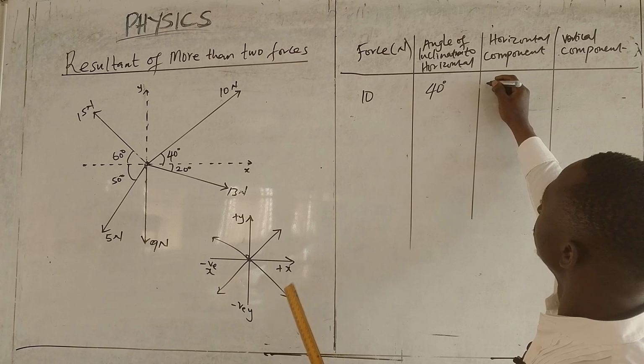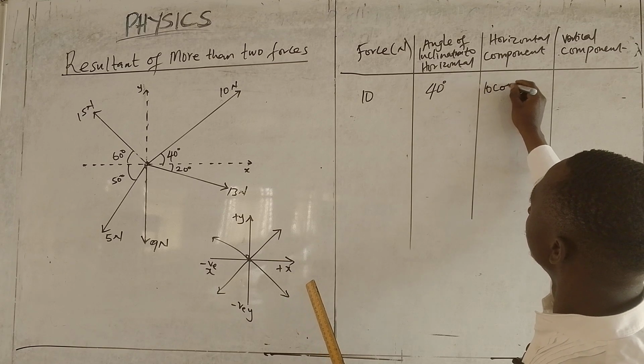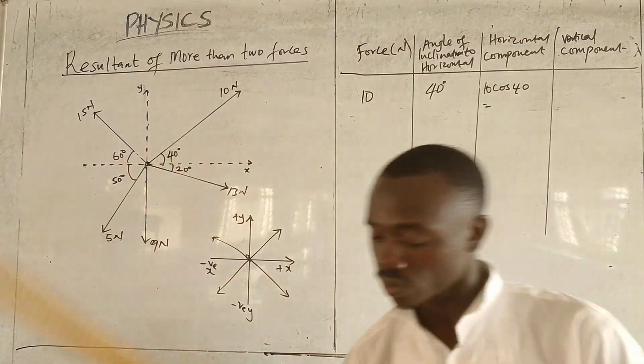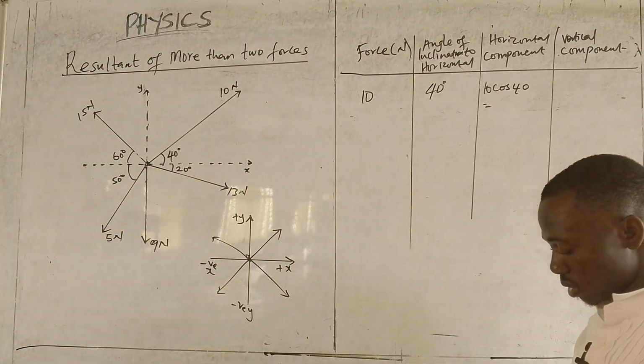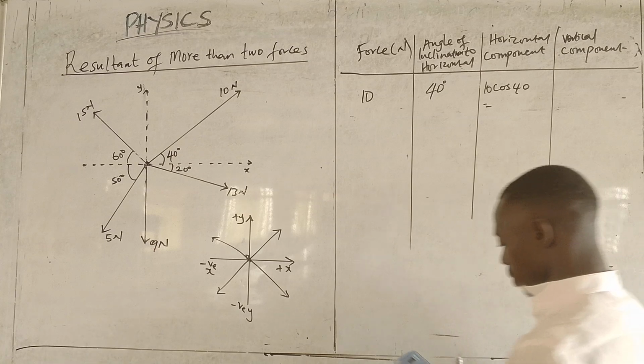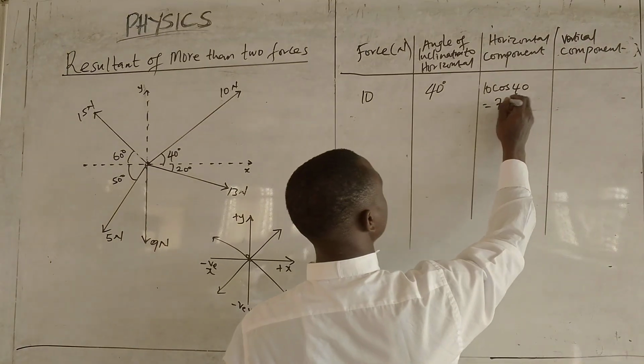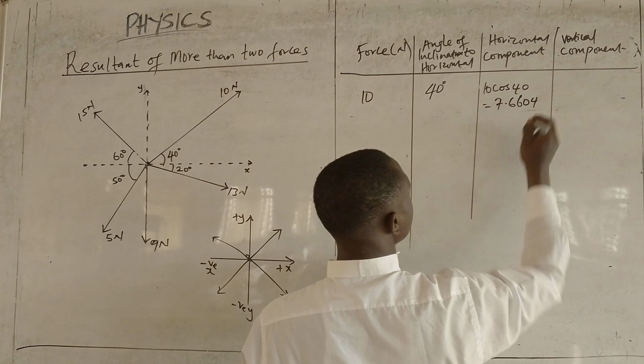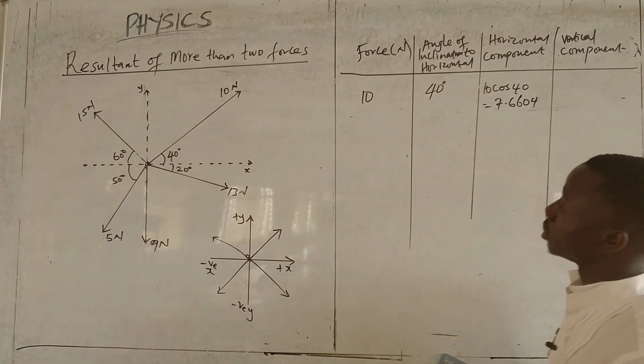So that's going to be 10 cos 40. And 10 cos 40 will give us 7.6604.